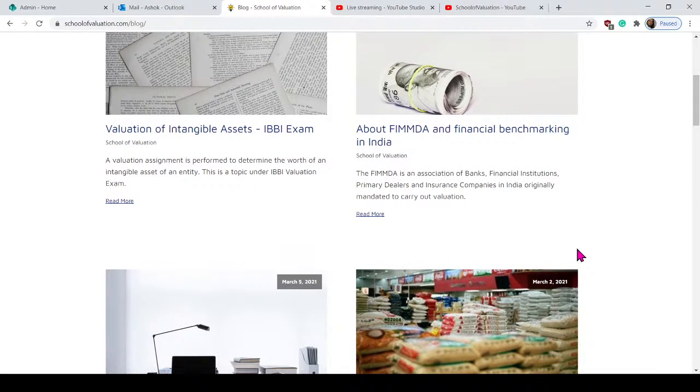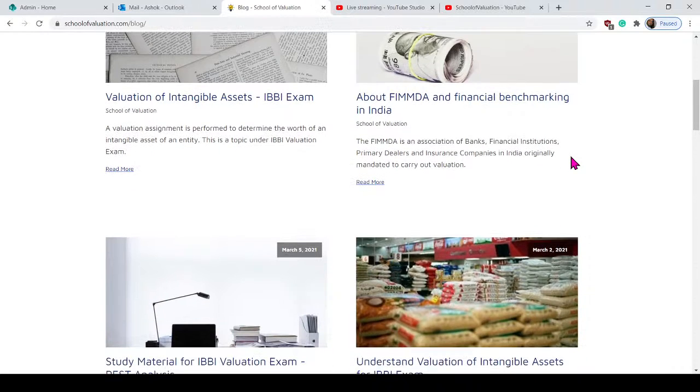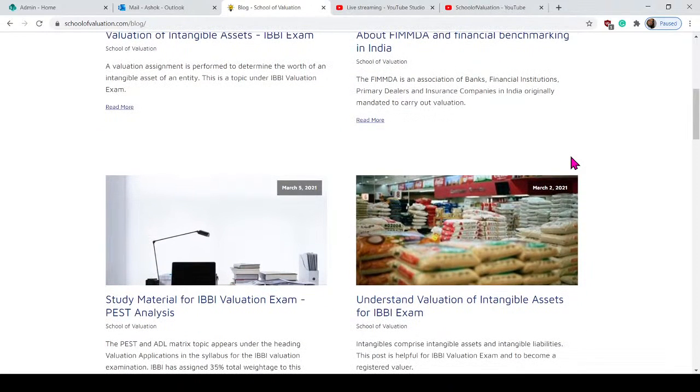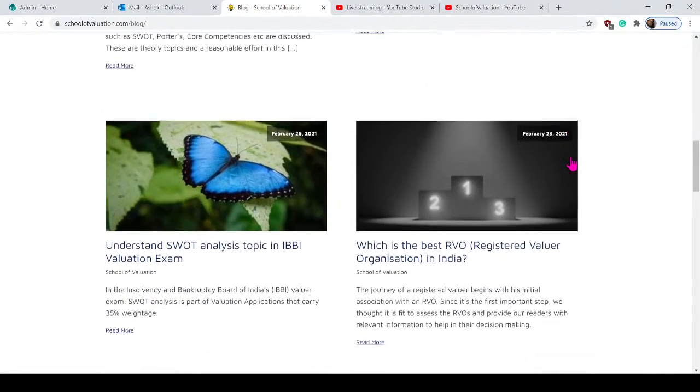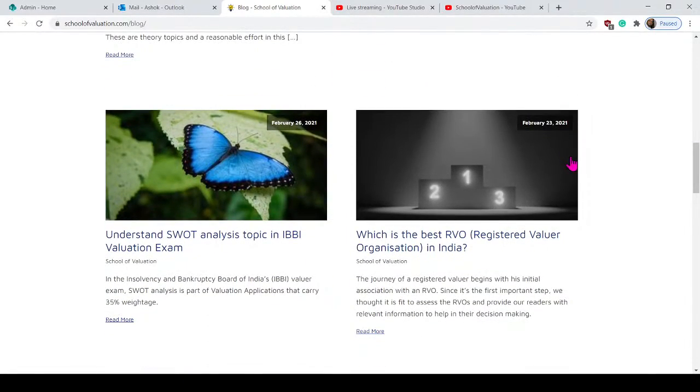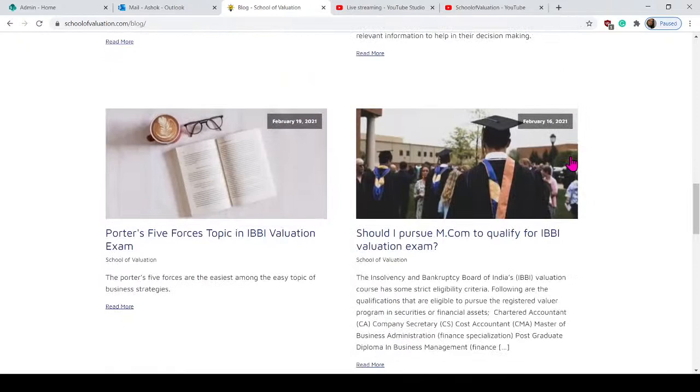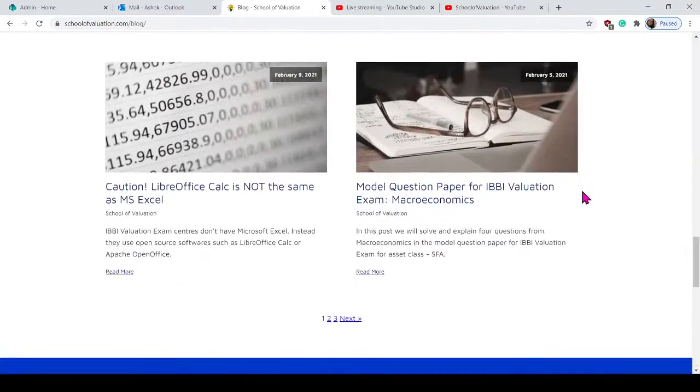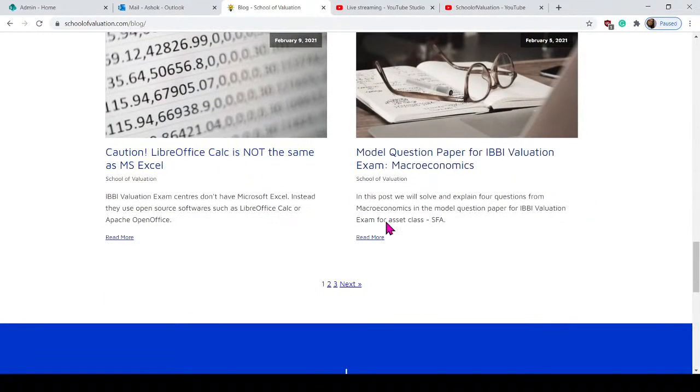If you go through valuation application, you'll find FIMDA and benchmarking, SLR, non-SLR bonds, traded, non-traded, rated, non-rated bonds, and how they're valued. There are also a lot of general topics, like should I pursue this course after so and so, what is LibreOffice, and macroeconomics courses and all.